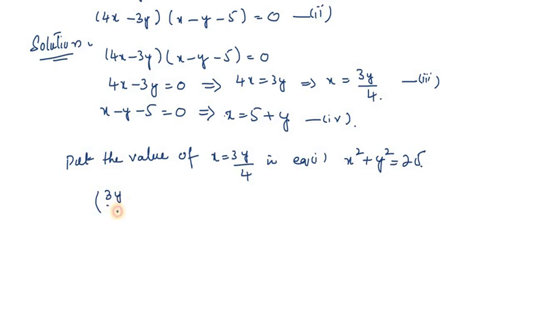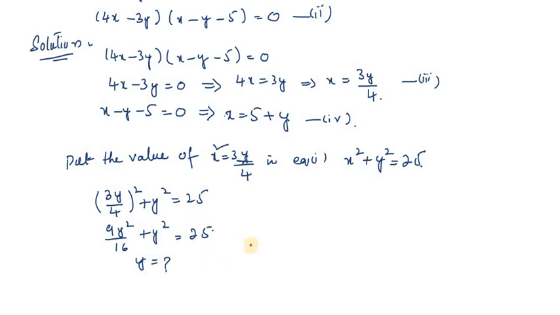So the value of x is (3y upon 4) whole square plus y square is equal to 25. 9y square upon 16 plus y square is equal to 25. So from here we get the value of y, and when you get the value of y, you put it again in place of y and get the value of x.